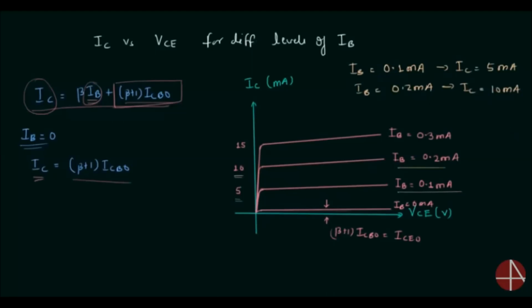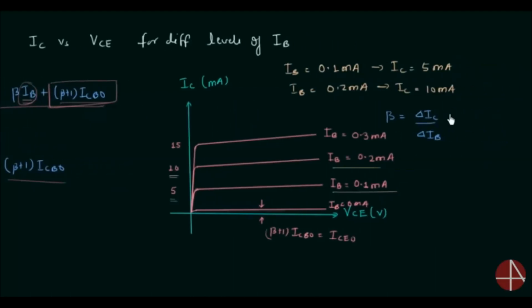We can easily calculate the current amplification factor, beta. It is equal to delta IC divided by delta IB, small change in the collector current divided by small change in the base current. Delta IC is equal to 10 minus 5, and delta IB is equal to 0.2 minus 0.1.